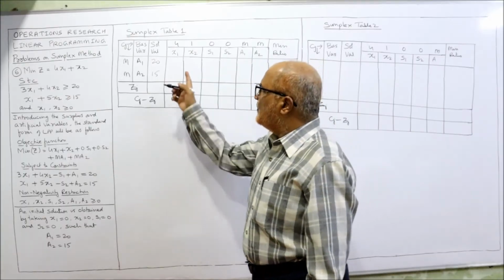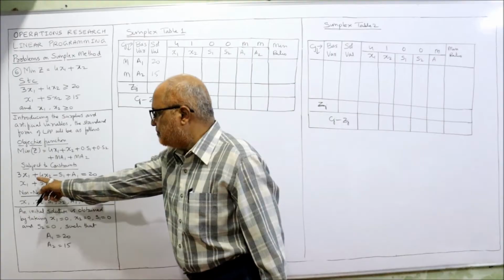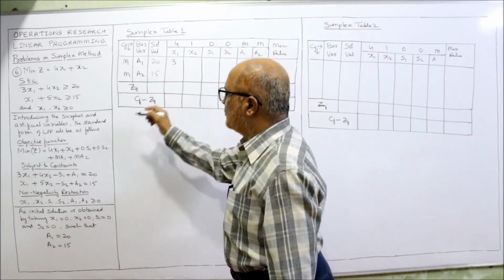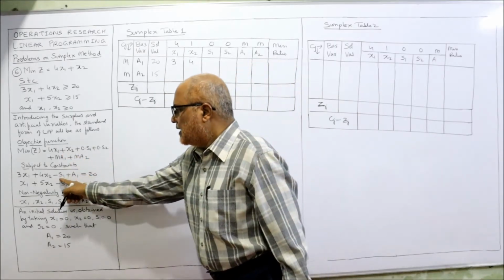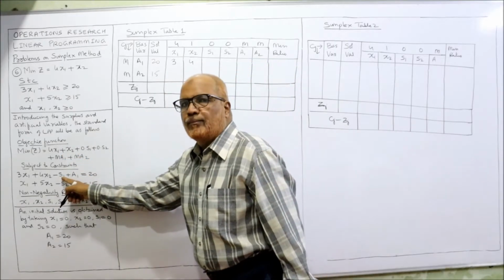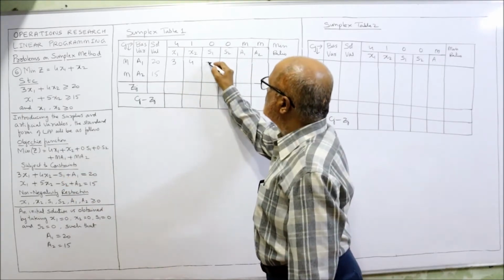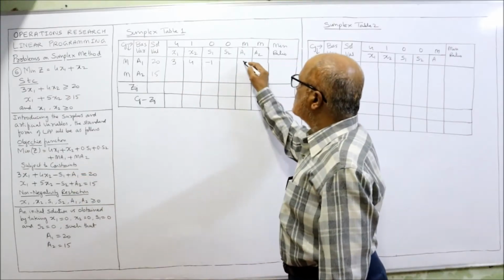Now we take the coefficient of constraints. The first coefficient of constraint 3x1. So here I am taking 3, 4x2, s1 minus s1. So minus 1 we will take for s1. a1 is plus 1.